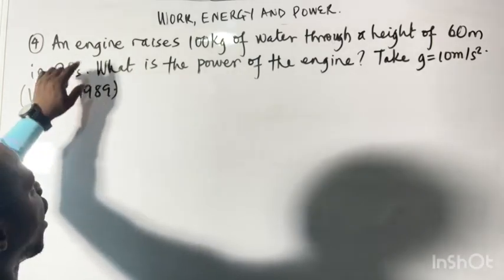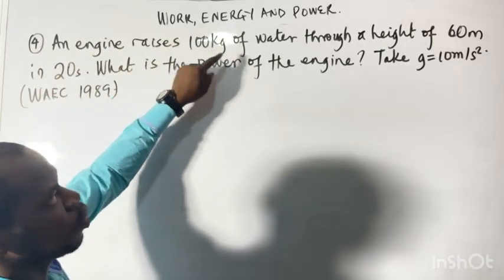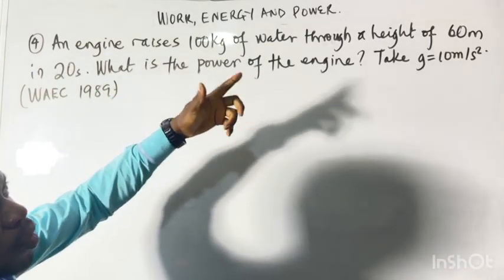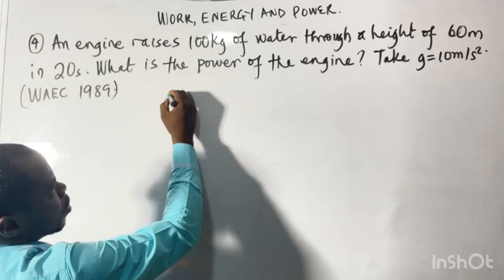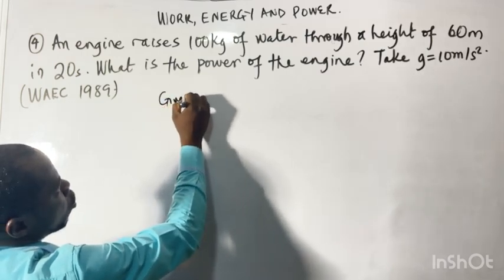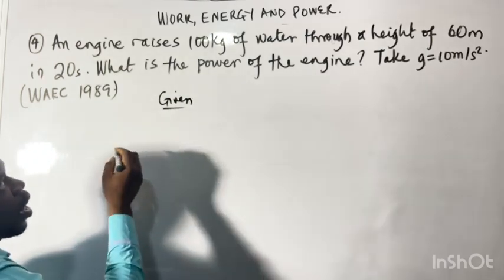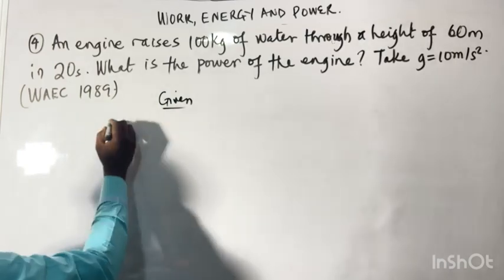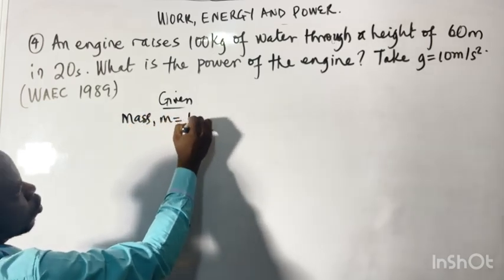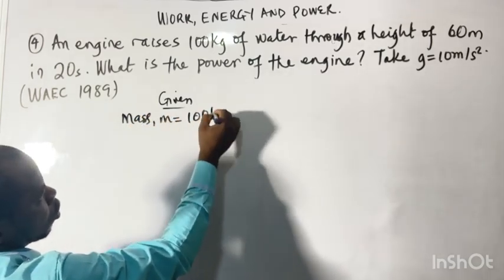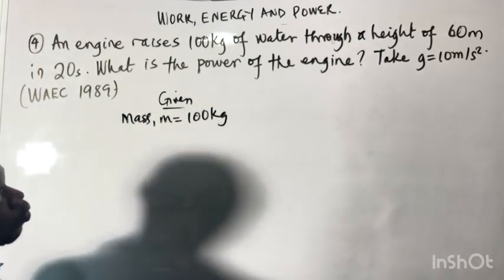An engine raises 100 kilogram of water through a height of 60 meters in 20 seconds. What is the power of the engine? Let's begin to state the parameters. What are the given parameters that we have here? We are given the mass, M is equal to 100 kilogram of water.